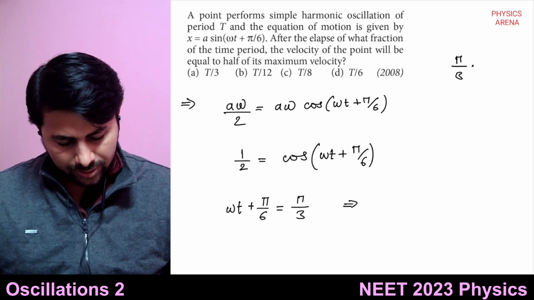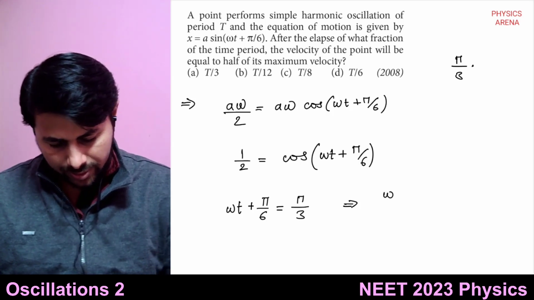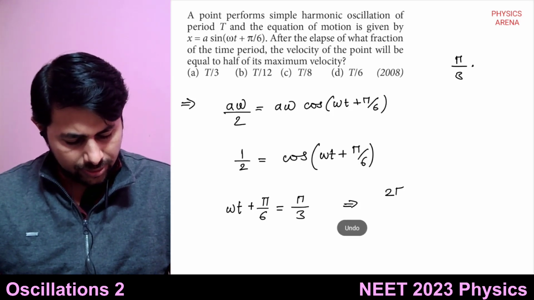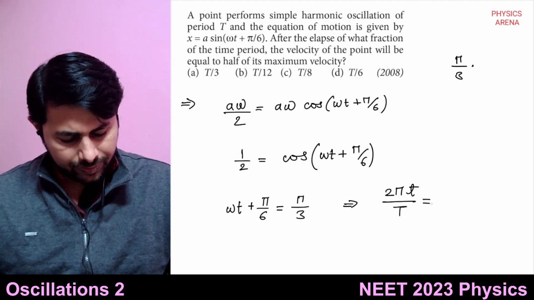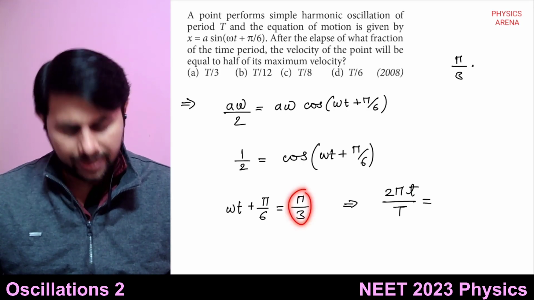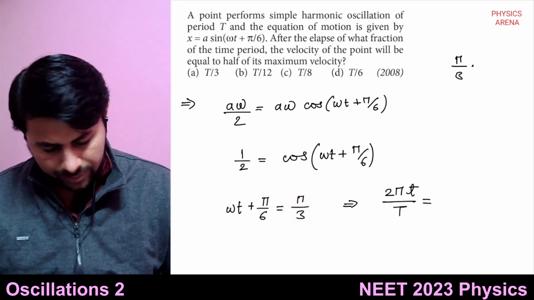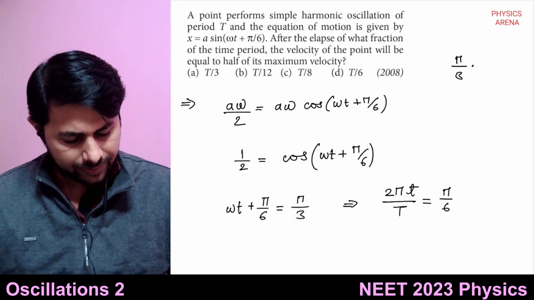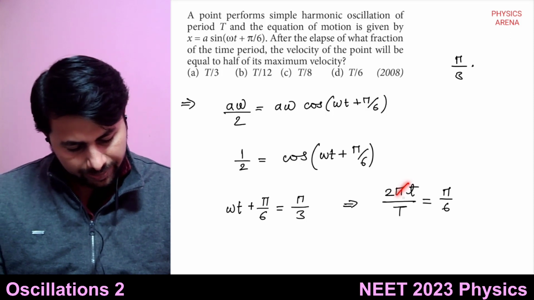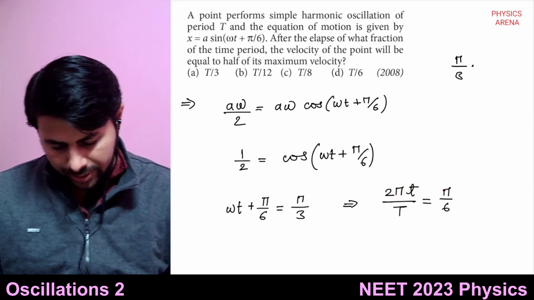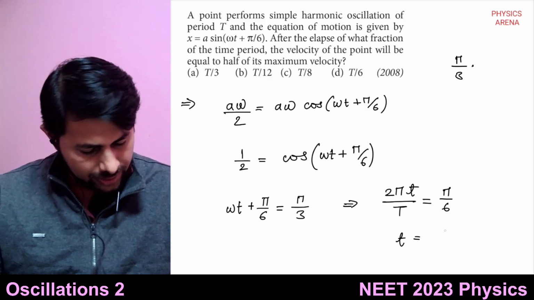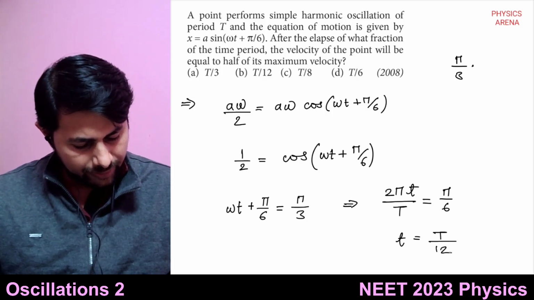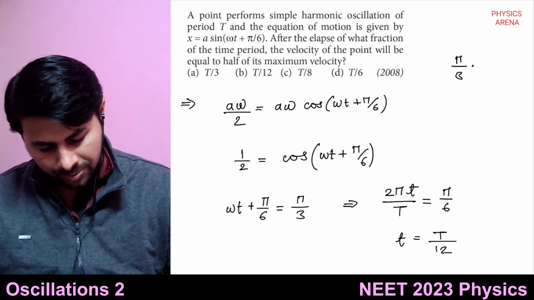That means omega t, what is omega t? 2 pi small t upon capital T is equal to pi by 3 minus pi by 6. That's pi by 6. So pi and pi get cancelled out. So what do we get? t equals capital T divided by 12. Okay, option B is the answer.